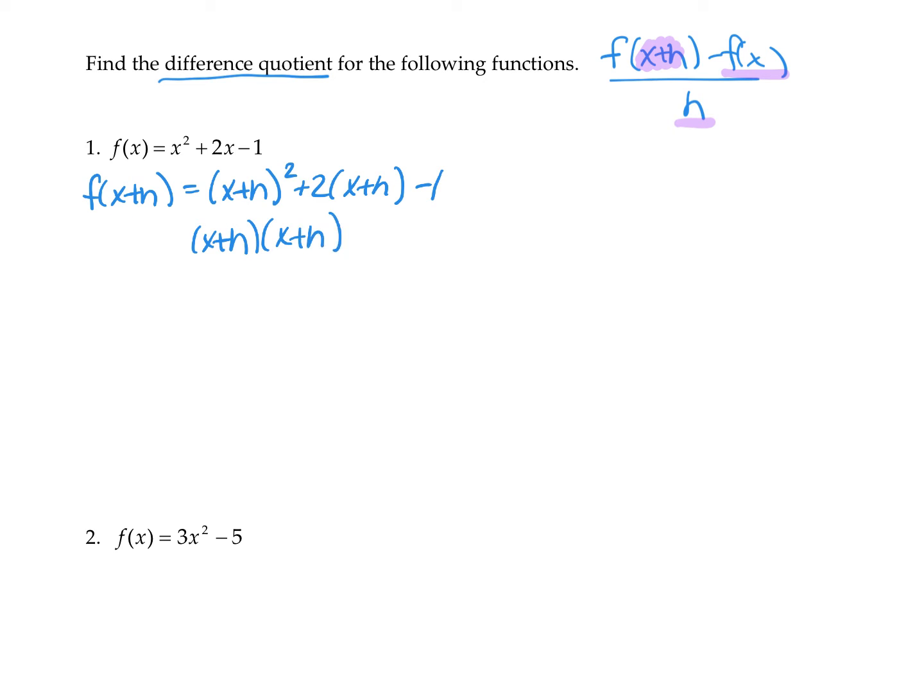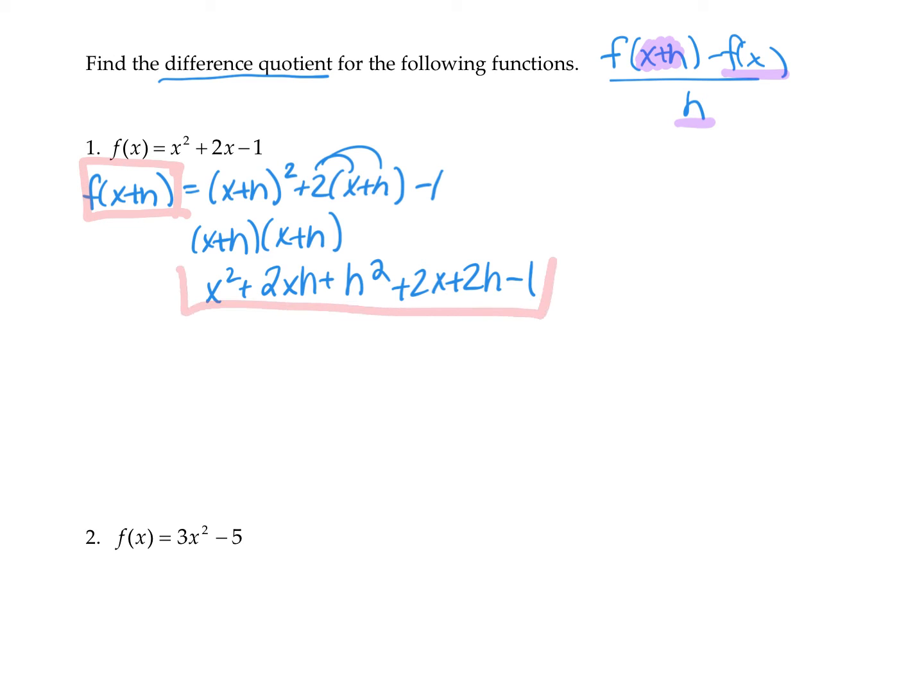I'm going to quickly simplify this. If you need help simplifying this, please come talk to me and we can work on this skill. All right, so f of x plus h is right here.